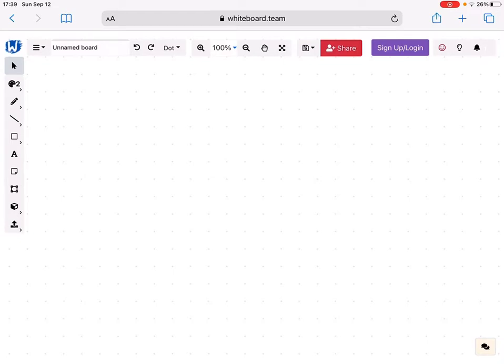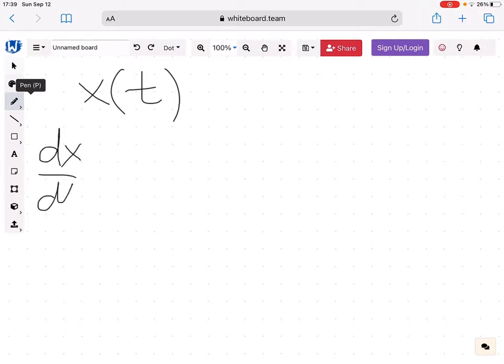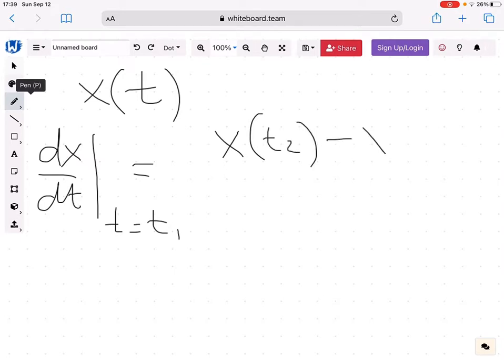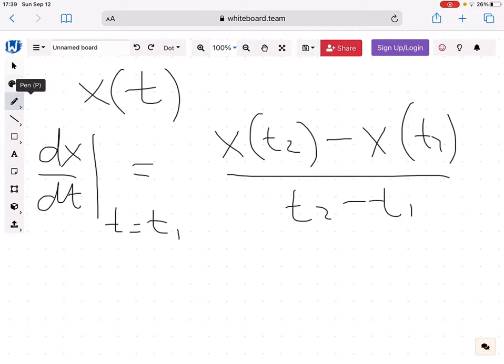We said that if I have a function, which I call x in the previous video, and this function is a function of argument t, then if I want to know what the derivative of x with respect to t is at t equals t1, we simply take x at some other point t2, subtract x at the point t1, where we're interested in the derivative, and divide by the difference between t2 and t1.